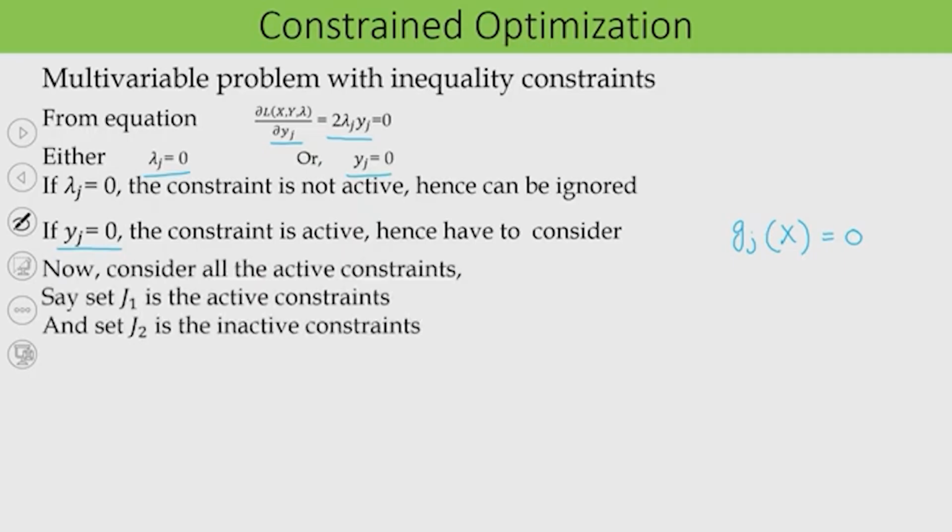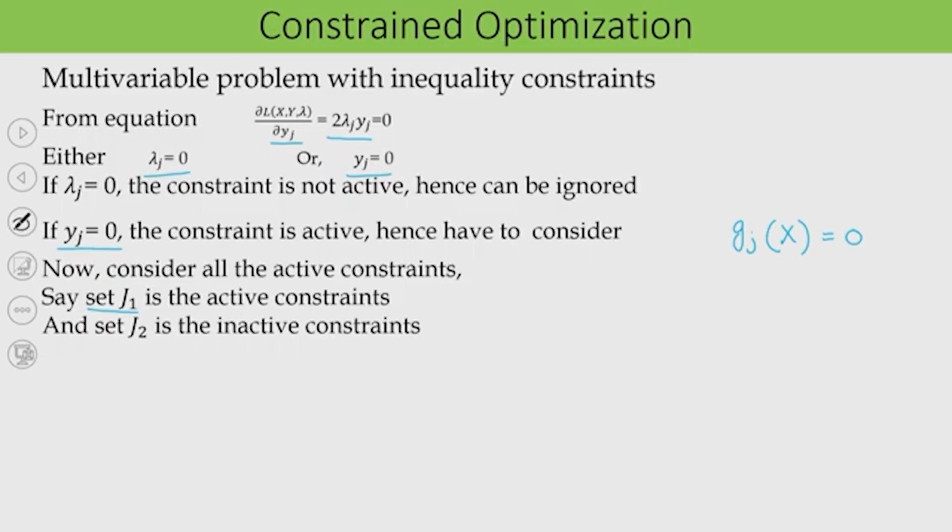Now what we can do is consider all these active constraints. Suppose we have a set J1, which is the set of active constraints.